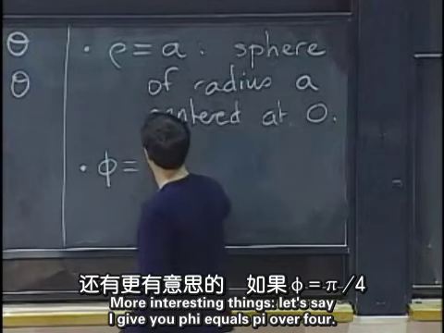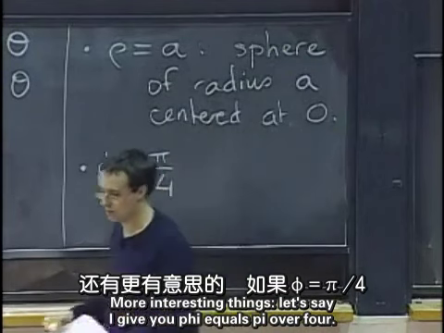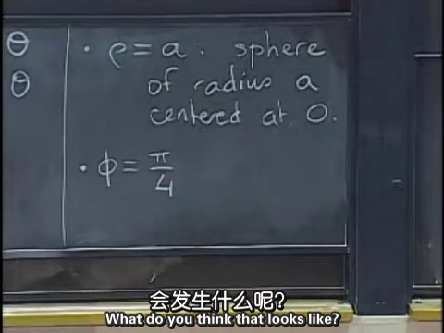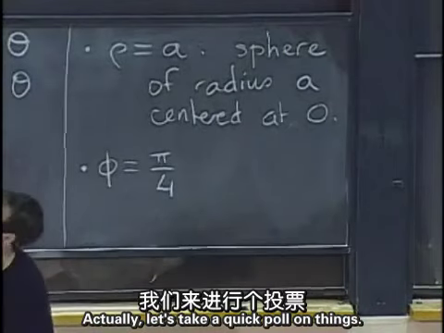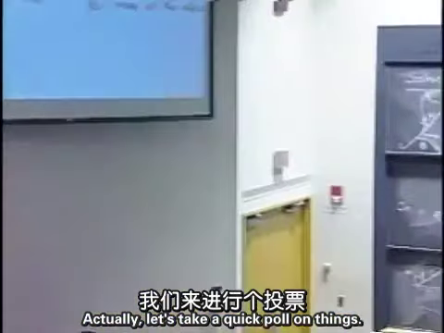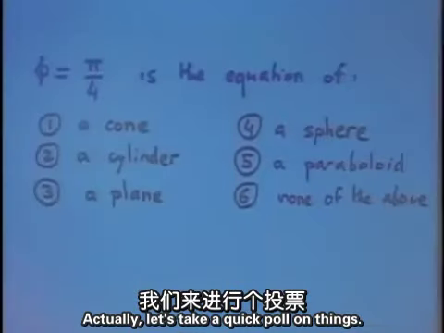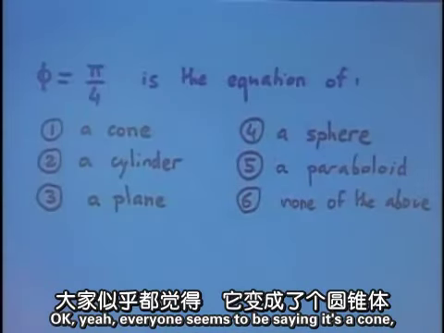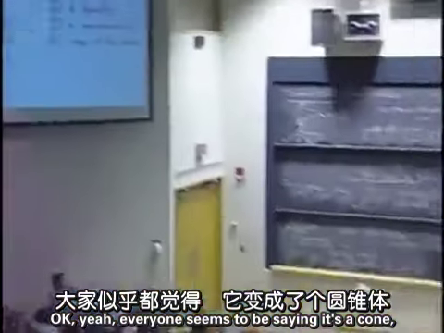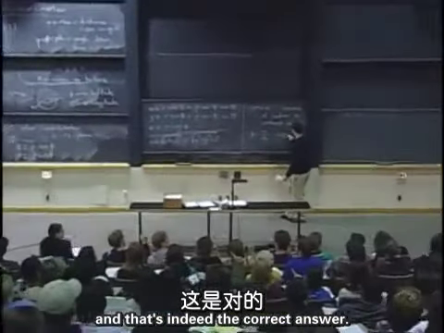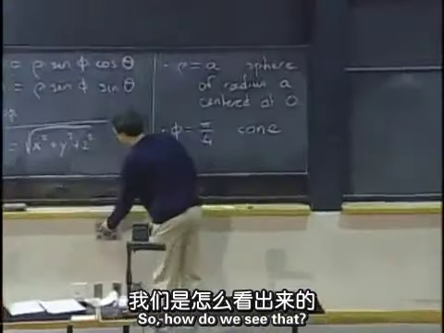Let's say I give you phi equals pi over 4. What do you think that looks like? Actually, let's take a quick poll on things. Okay, yeah, everyone seems to be saying it's a cone, and that's indeed the correct answer. So how do we see that?